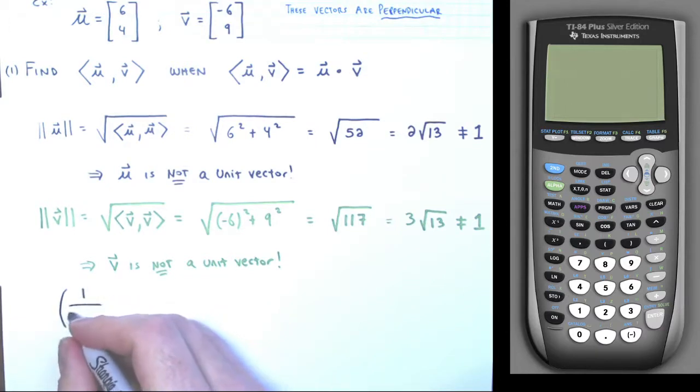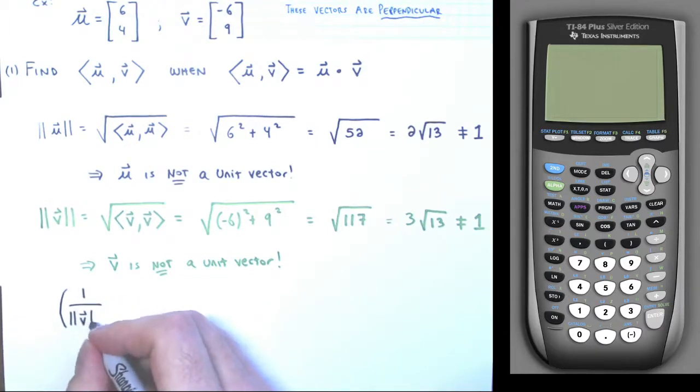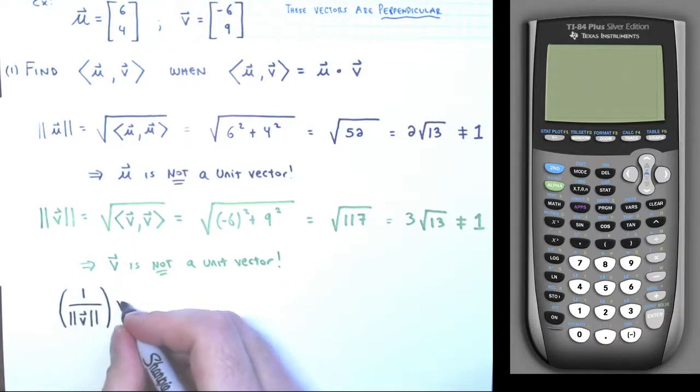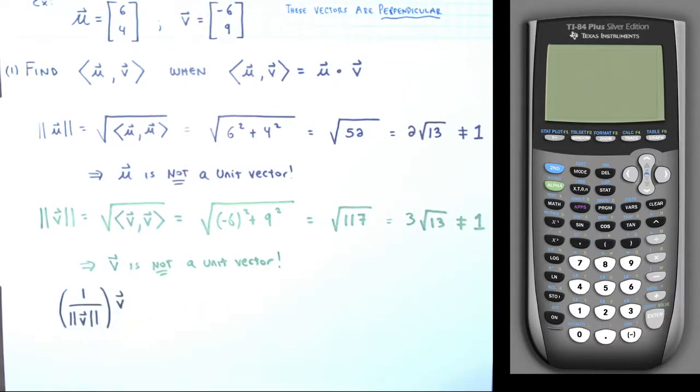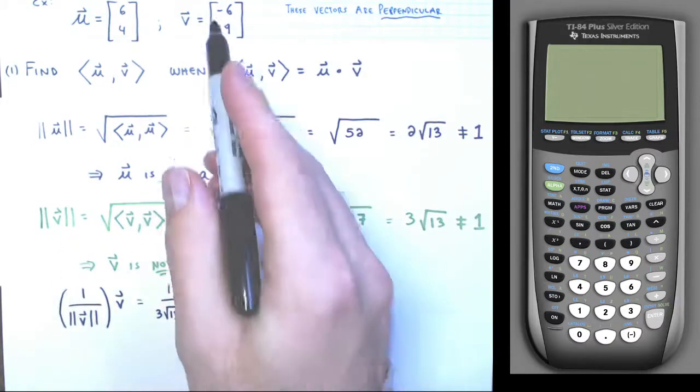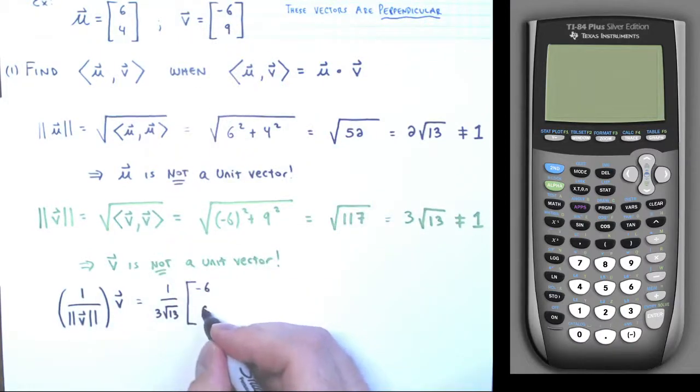So 1 over the norm of v multiplied by v is going to give me a unit vector in the same direction. So this is 1 divided by 3 root 13, that was the norm of v, times vector v, this vector with components negative 6 and 9.